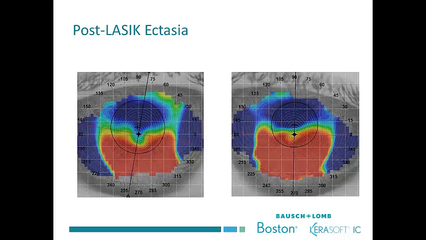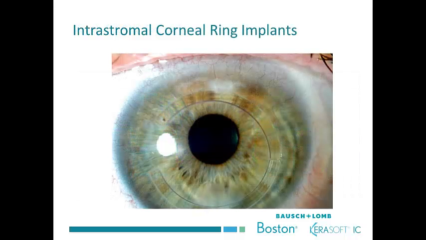But in those early cases of LASIK, where there might have been a forme fruste keratoconus patient that was operated on, it may result in this type of presentation after the surgery. In some cases, it is self-limited. In some cases, the ectasia continues to progress.